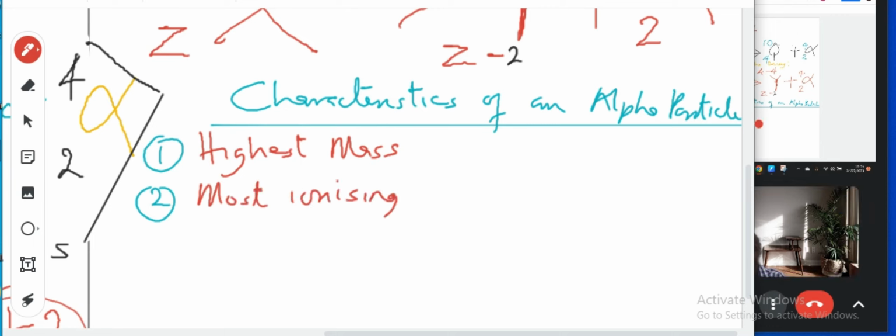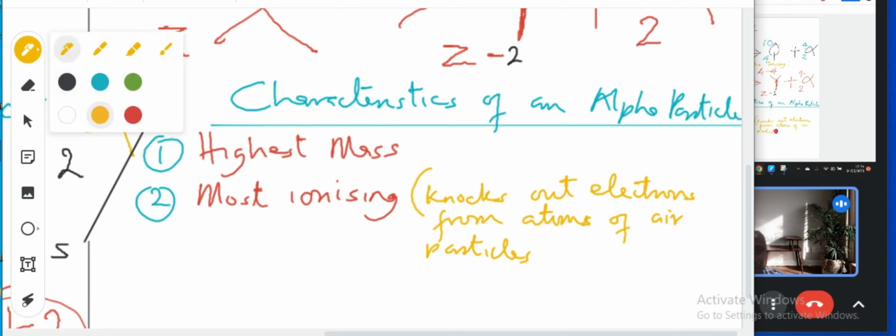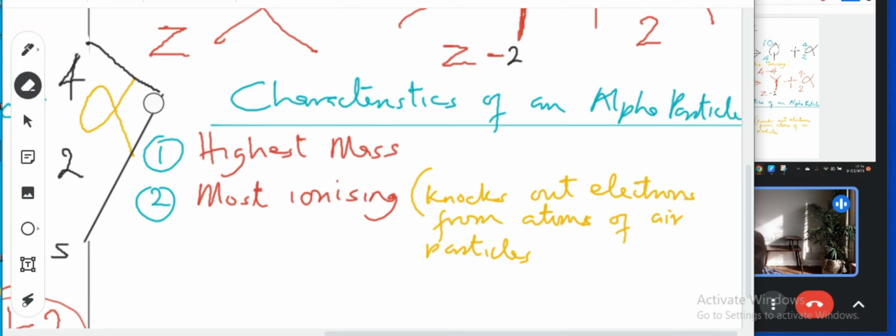Ionizing simply means it knocks out electrons from atoms of air particles, for instance. Let me just say atoms of particles in its way.